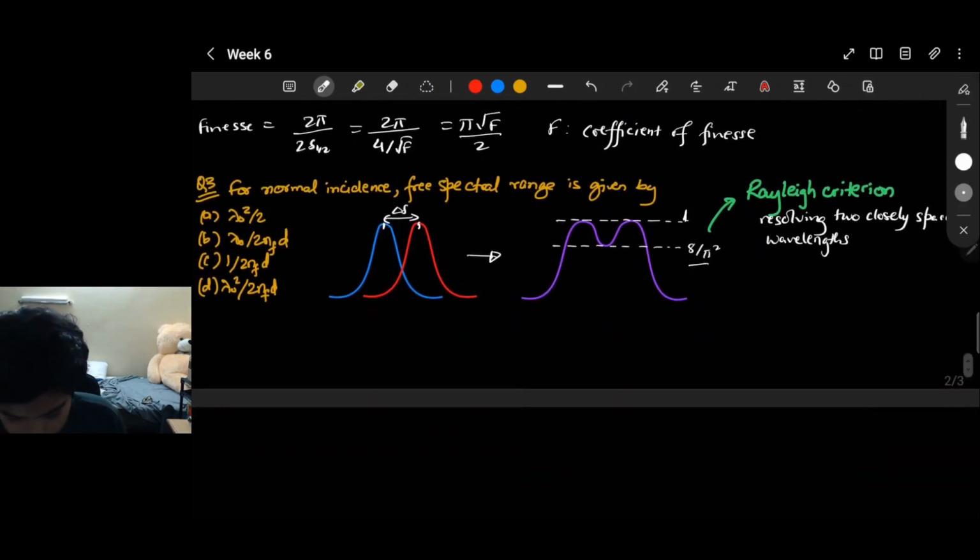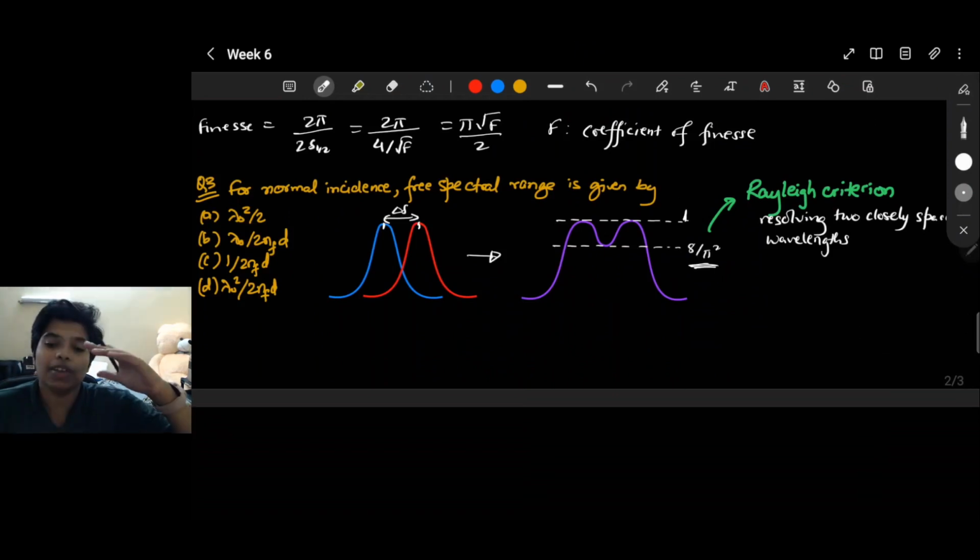And when this is 8 over pi squared, the location of the dip, then we say that we are just able to resolve. Okay. And if it is lower, then we are definitely able to resolve very nicely.